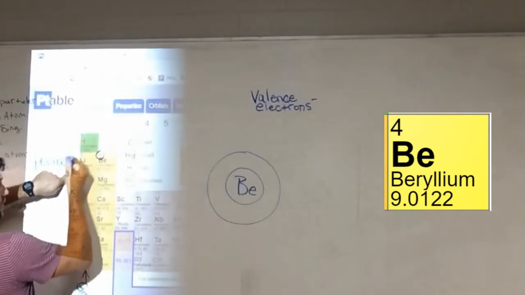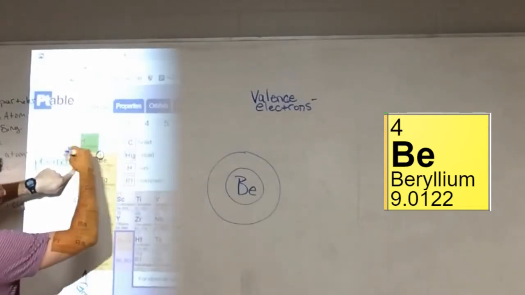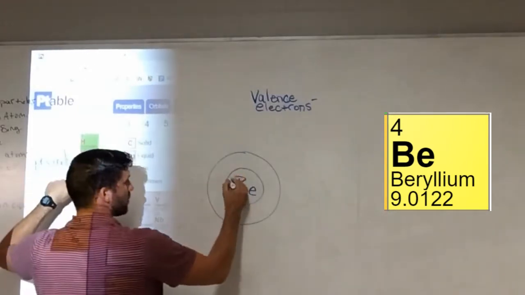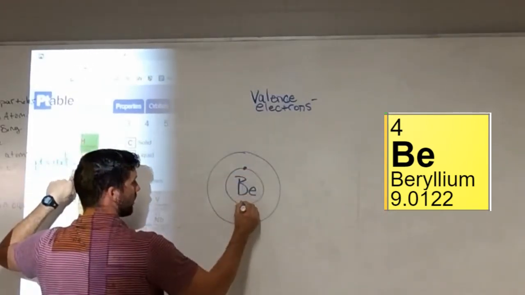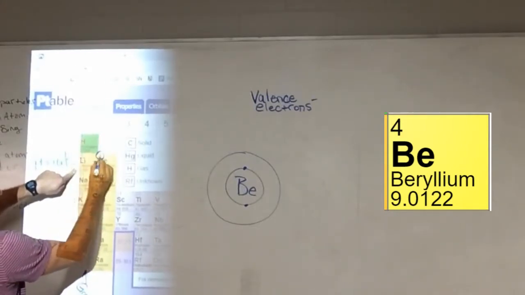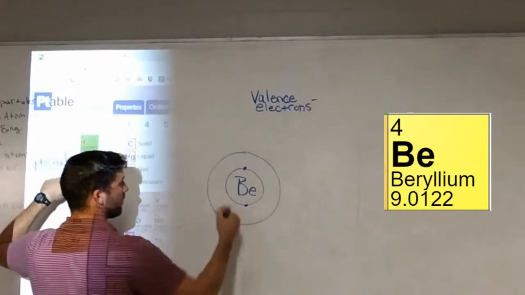As mentioned earlier, the first shell holds a total of 2 electrons. Remember, I have 4 to put on here. So that first shell will have 2 electrons, and the next shell will have 2 electrons for a total of 4.